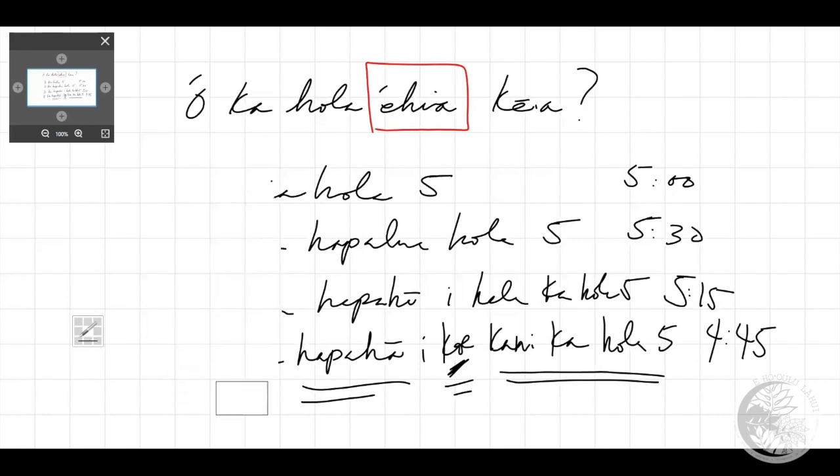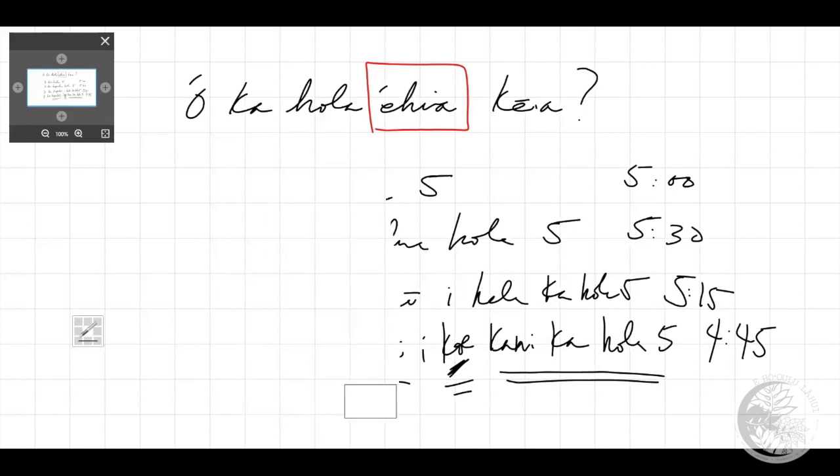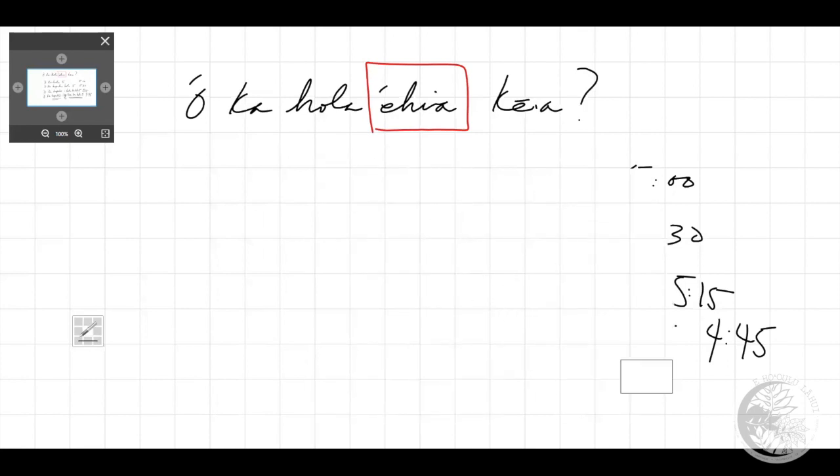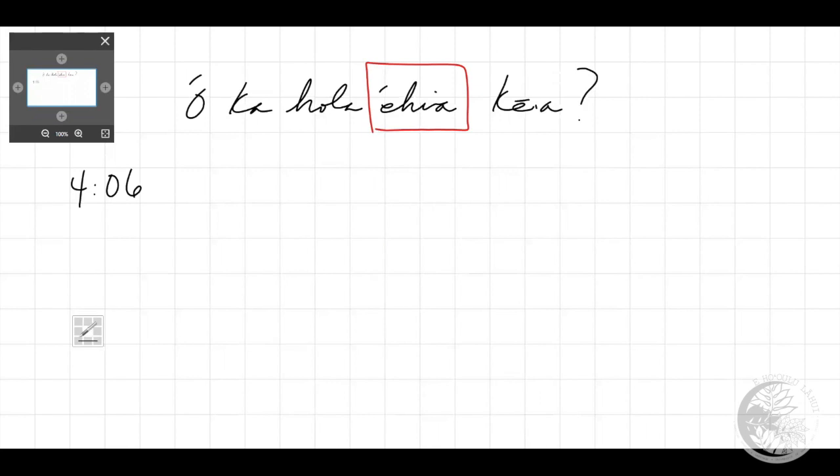Now, if we get into expressing time in regards to being accurate to the minute, then we express the amount of minutes which has passed or is remaining before a particular hour. For example, if I wanted to say something like 4:06, the expression, of course, would be 6 minutes past the hour 4.